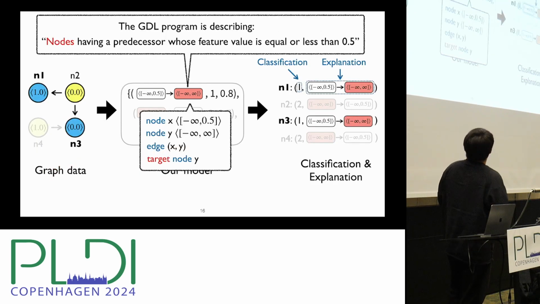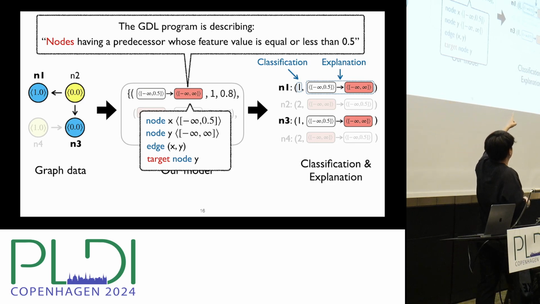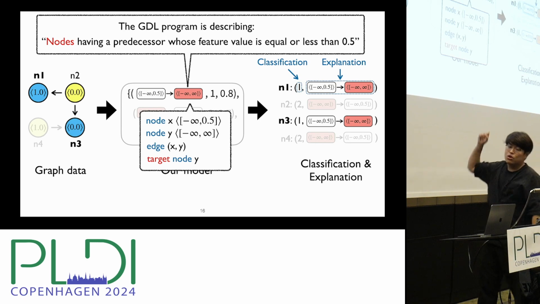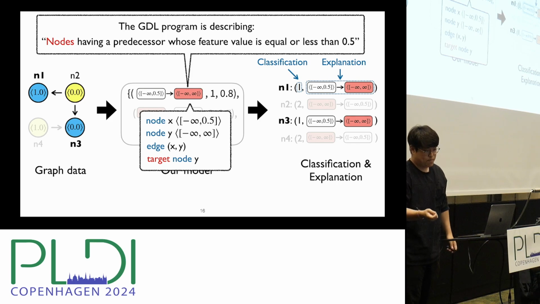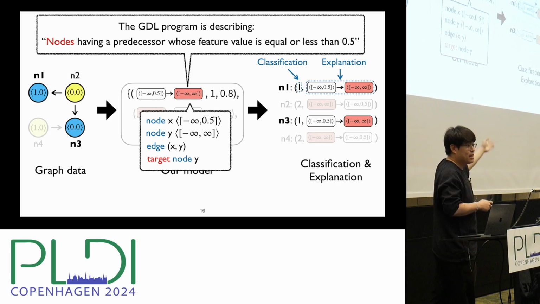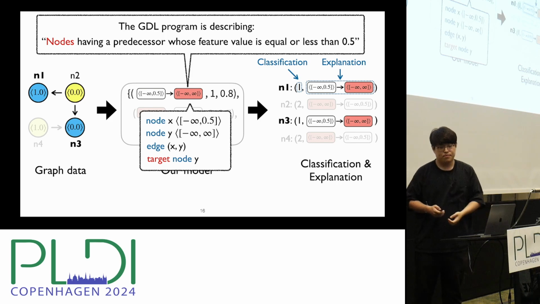So in our example, the 2 nodes N1 and N3 are classified into label 1 because they have a predecessor N2 whose feature value is 0, which is equal to or less than 0.5. And the used program is provided as an explanation illustrating why our model made the prediction.